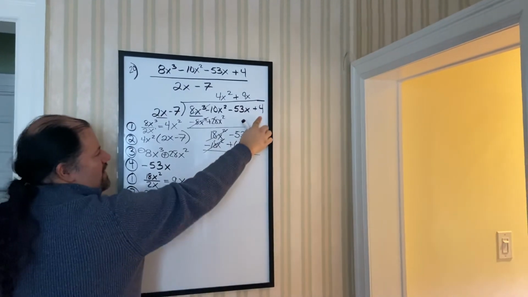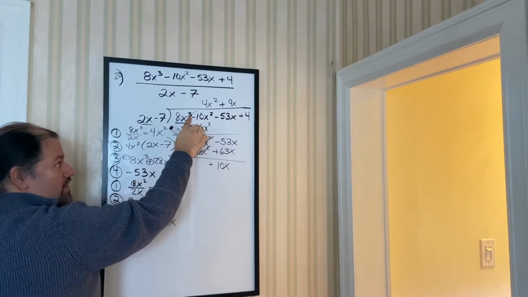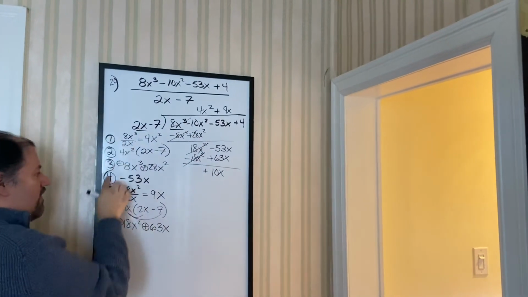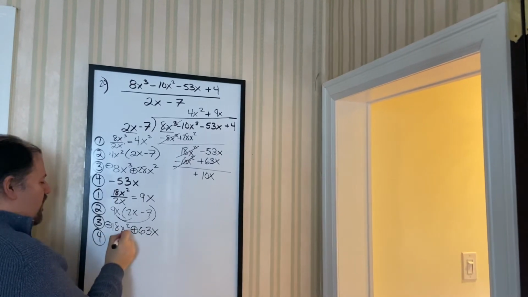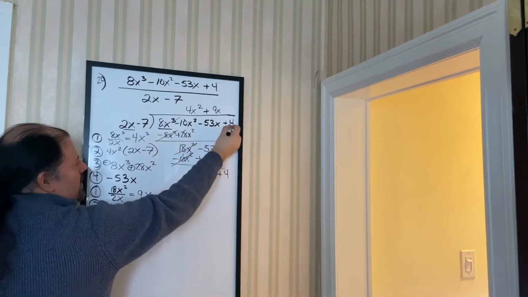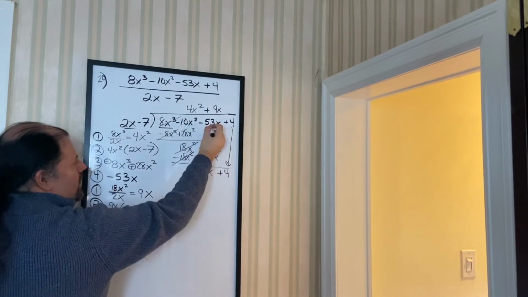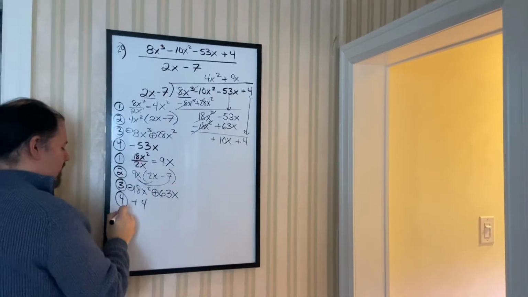Oh, we haven't touched the constant. So you can see this one, because it started with x cubed, we have to go not 1 round, not 2 rounds, but we're going to have to go through a 3rd round. Remember, I said keep on repeating until you have nothing left to bring down. Notice we have to bring down the 4, so I have to do this one more time.